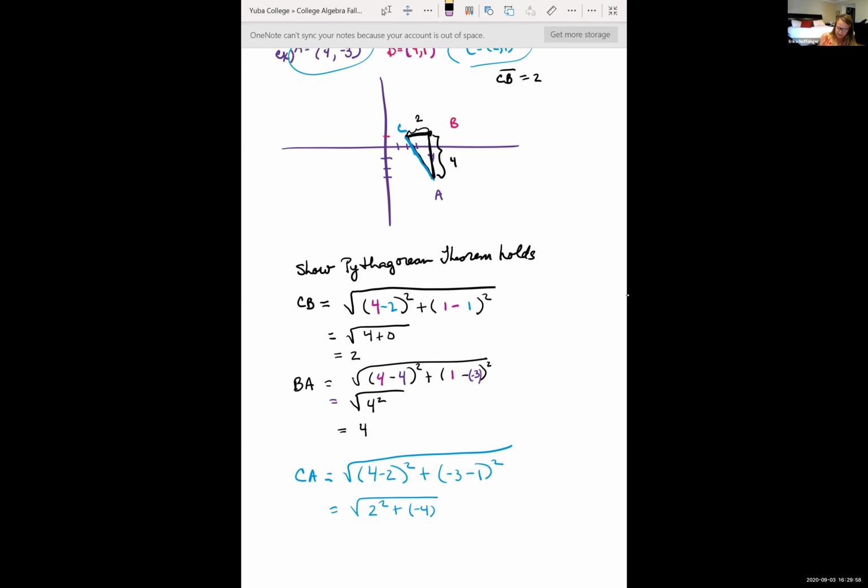I'm going to square that. 2 squared is 4, plus negative 4 squared is 16. This gives me the square root of 20. Normally I would rewrite this, but I'm going to use that square root of 20 over here.